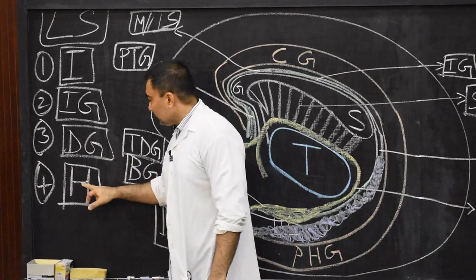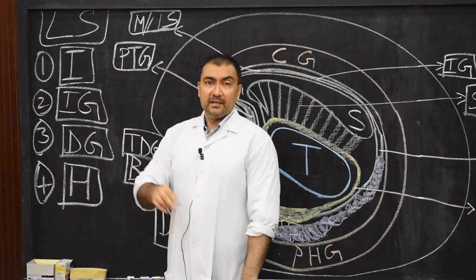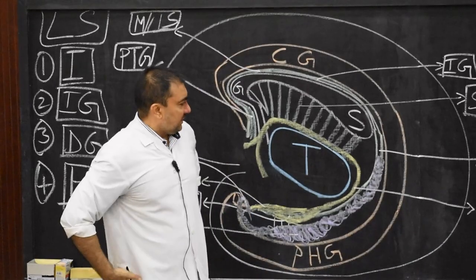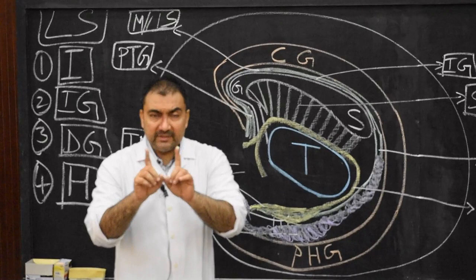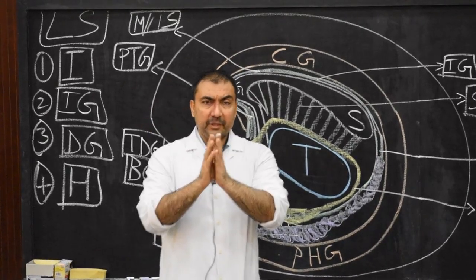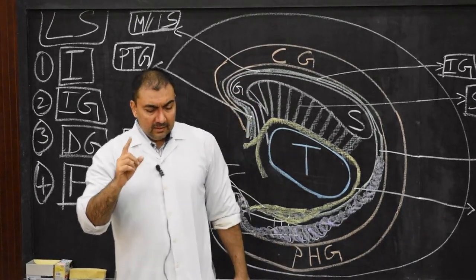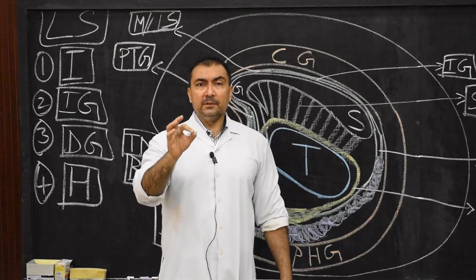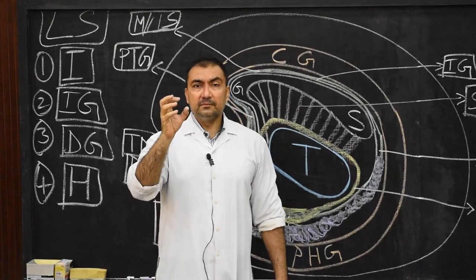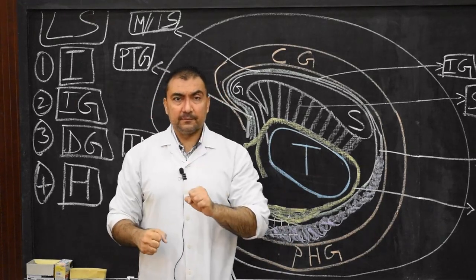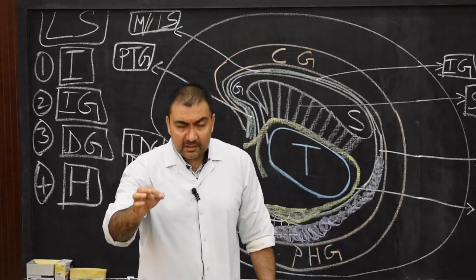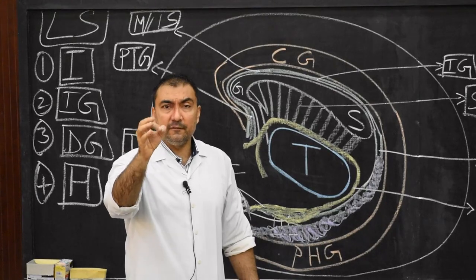Now we come to point number 4, hippocampus. Very interesting. Since it is the main component, there are many points about the hippocampus. Number 1, first point: the hippocampus is in the form of an elongated swelling which will produce an elevation in the inferior horn of the lateral ventricle.